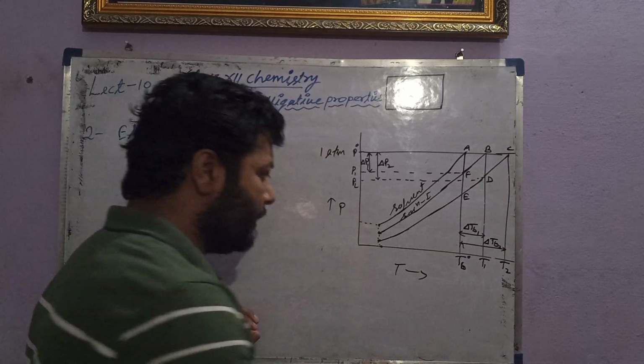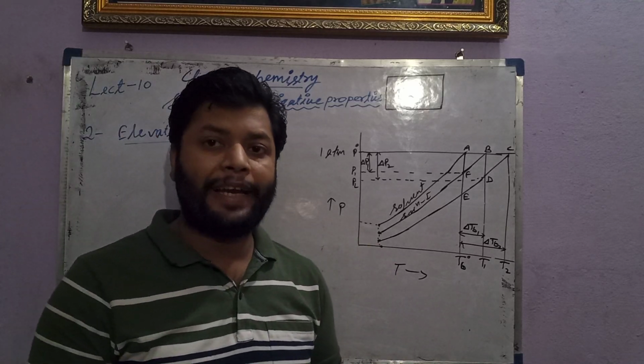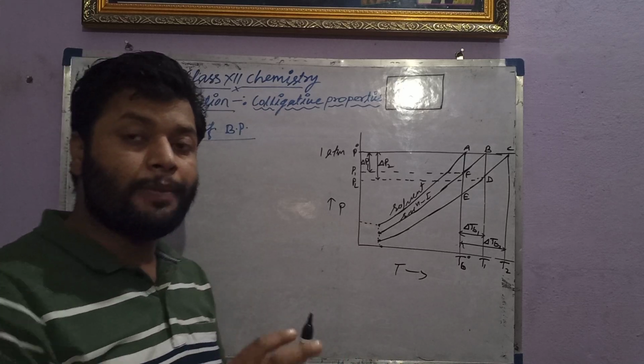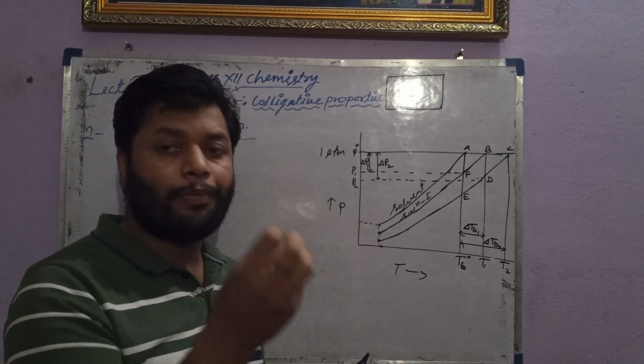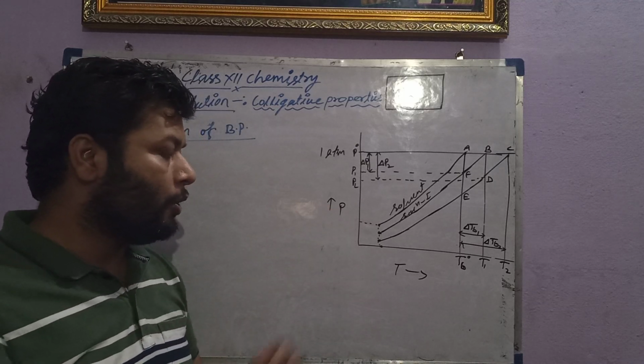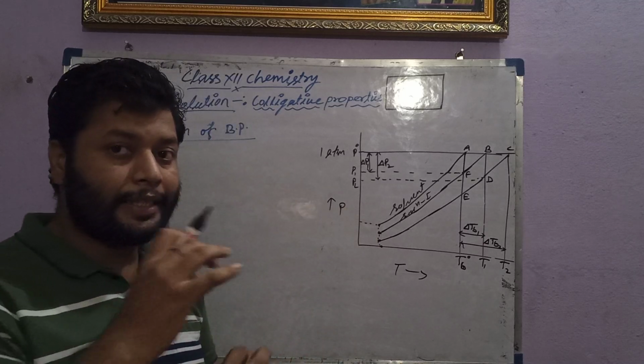So from this figure, pressure versus temperature, we try to evaluate the relationship between pressure and temperature and what will be the effect of addition of a non-volatile solute. You have to learn from this graph that whenever we add a non-volatile solute, the vapor pressure decreases.